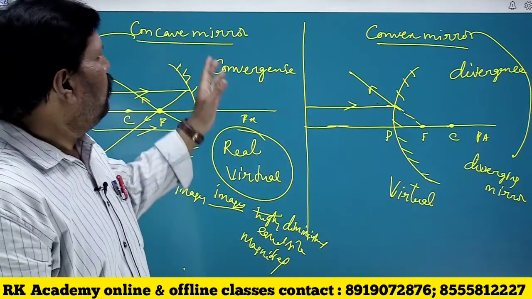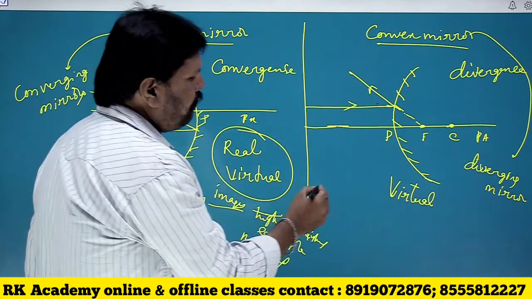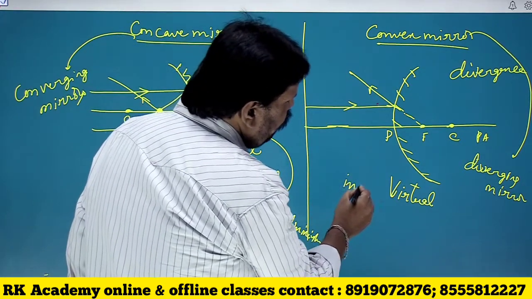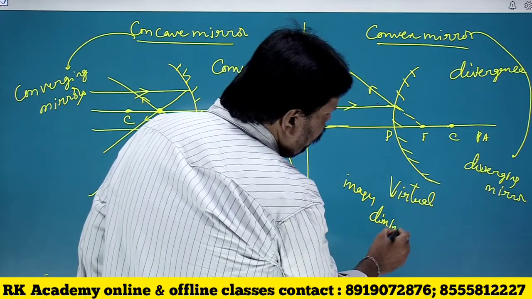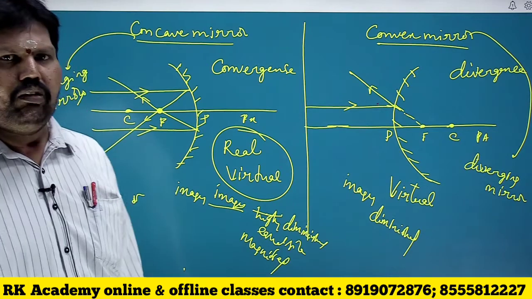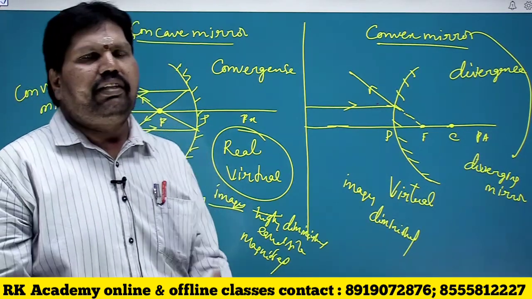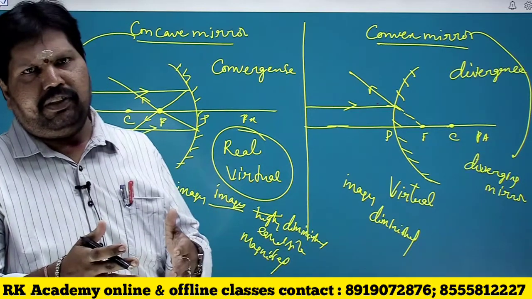By using a convex mirror, we will get only diminished images. So these are the differences between convex and concave surfaces.